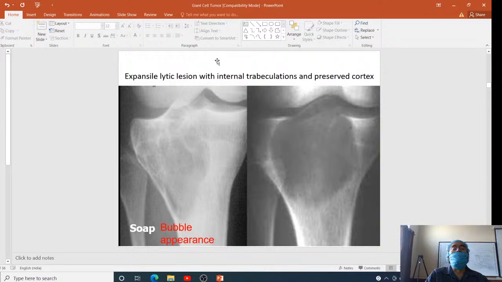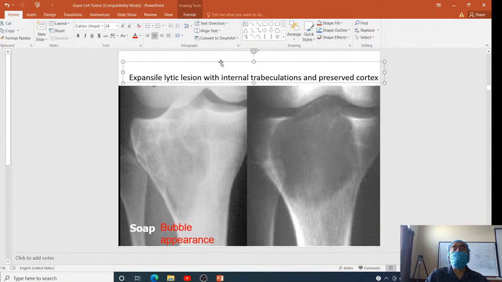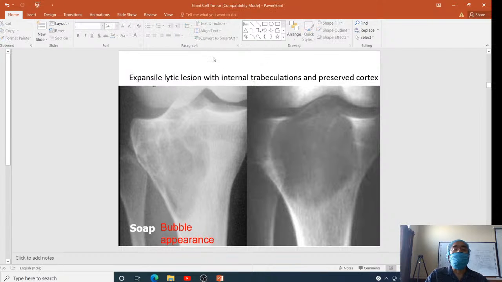Previously, we have talked that this is an expansile lesion. This is a tibia, and this is the tumor. You can see an osteolytic lesion, because this bone appears normal, but here you can see some trabeculations.